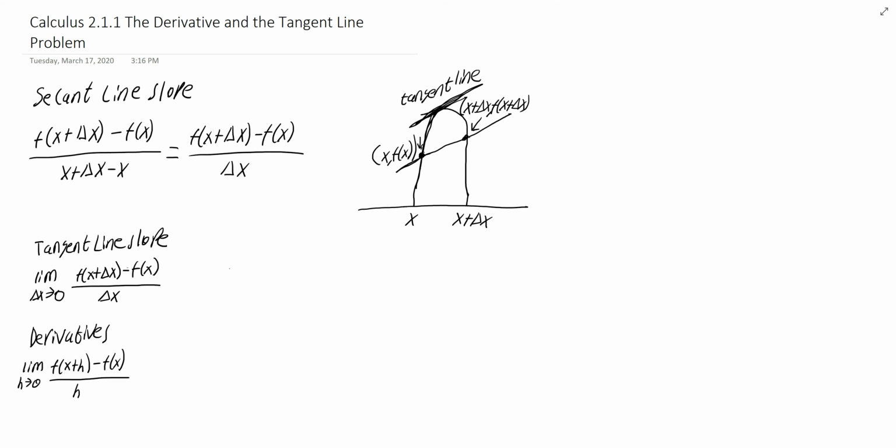Now, the other thing that I want to mention is derivatives do not exist at cusps. I know a lot of times people think, oh, you can find a derivative wherever there is, let's say, a limit, but that is not in fact true, because while we could find a limit at a cusp, we cannot find a derivative at a cusp.